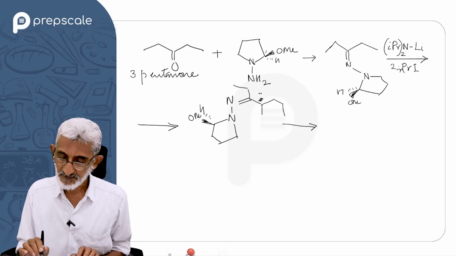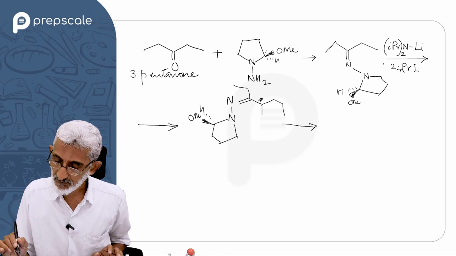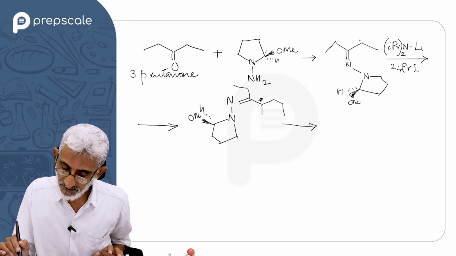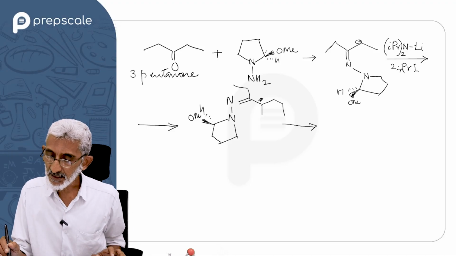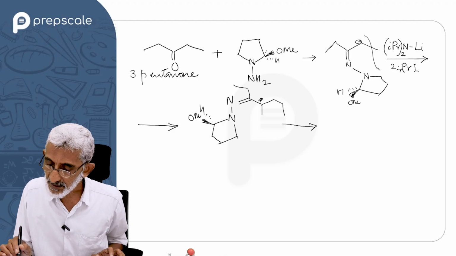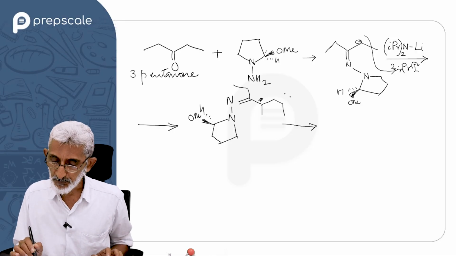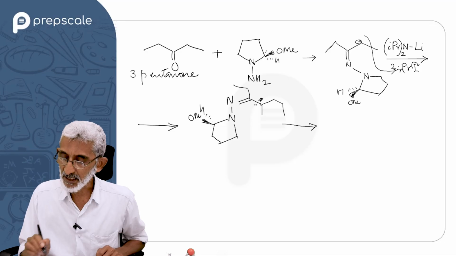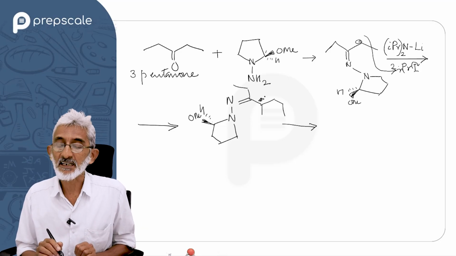See this. What has happened is that this proton will be abstracted by the LDA, and this will attack the propyl iodide, and the iodide will go off. So the propyl group will be attached here on this carbon. This will be chiral, and this group will decide from which side it will attack.